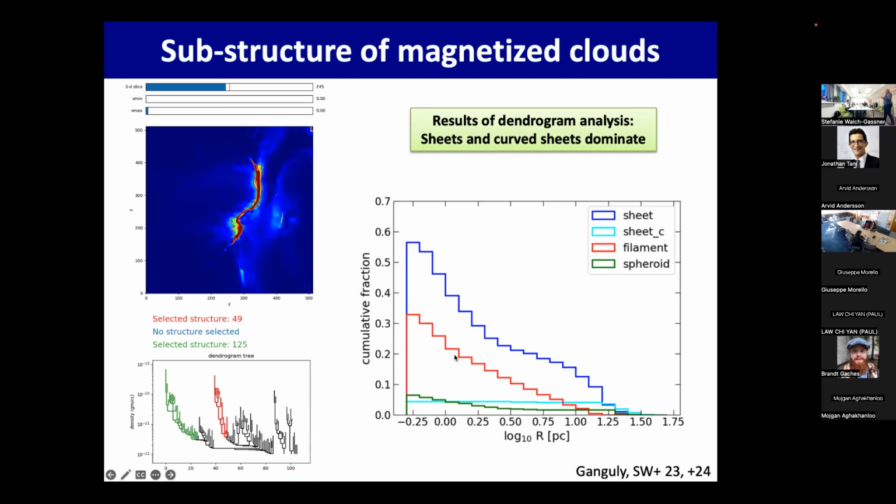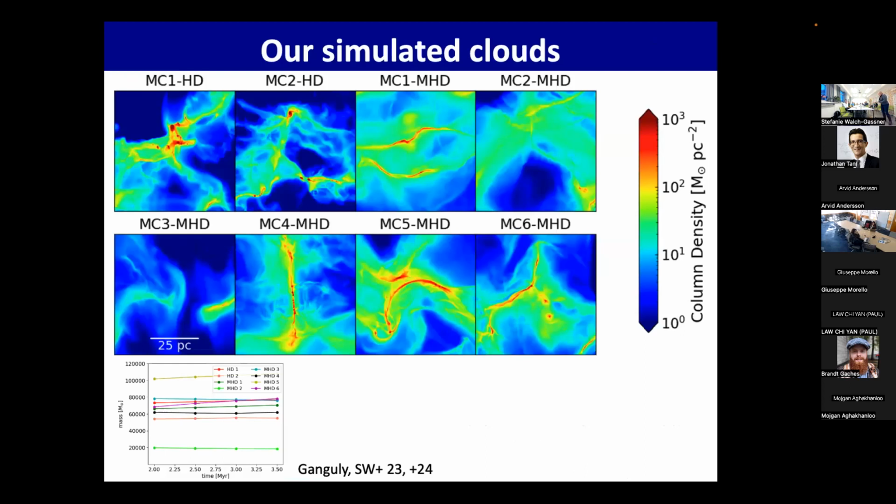So it's kind of a general picture that you have sheet-like clouds on the large scales, which form filaments inside, and then there are cores forming inside the filaments. So then this is just showing you a gallery of the different clouds. And so we will compare a number of clouds now, where I will put all the structures of all the clouds in one plot.